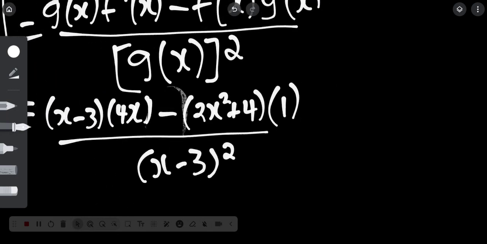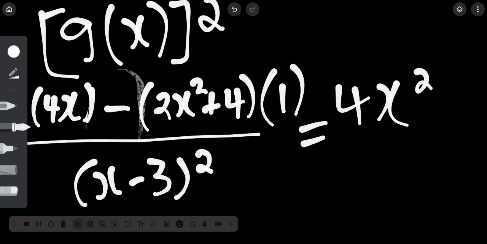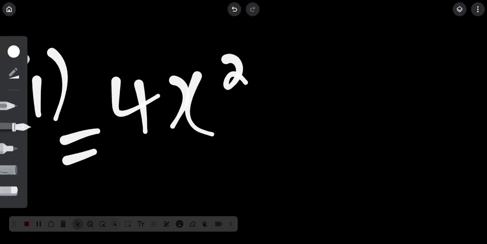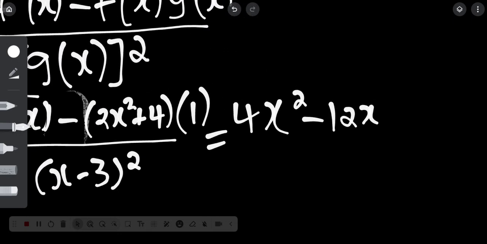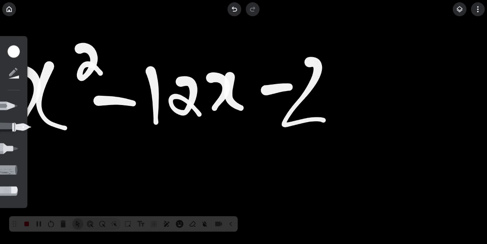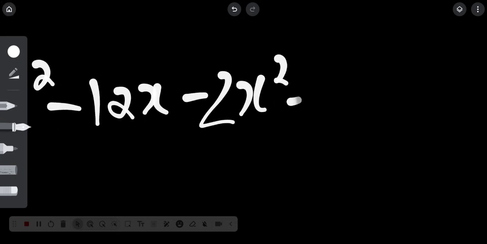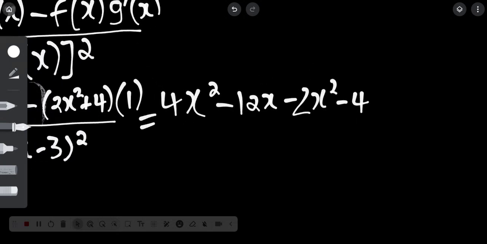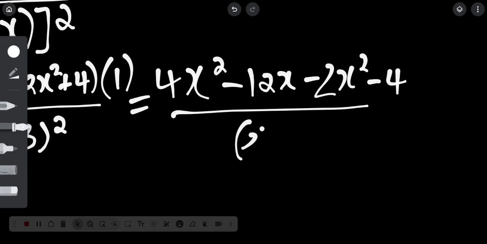Now you can just simplify everything out, which should be 4x squared minus 12x minus 2x squared minus 4, because you distribute the negatives, over this whole function here, which is just x minus 3 squared. You don't have to distribute it out.